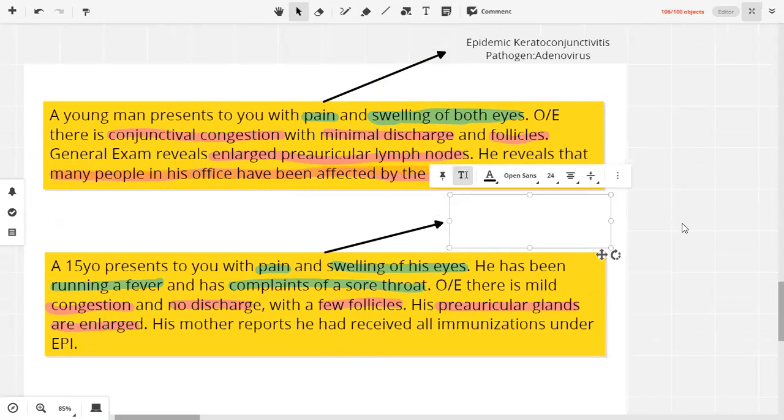Pharyngoconjunctival fever. Pharyngoconjunctival fever is also caused by adenovirus.